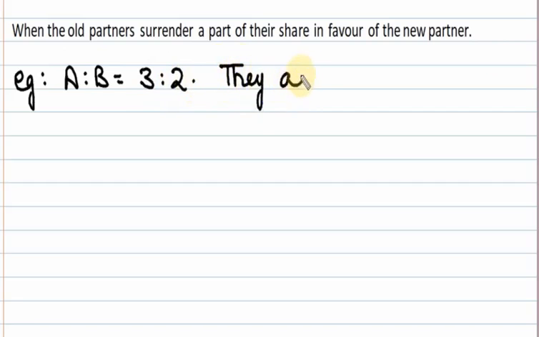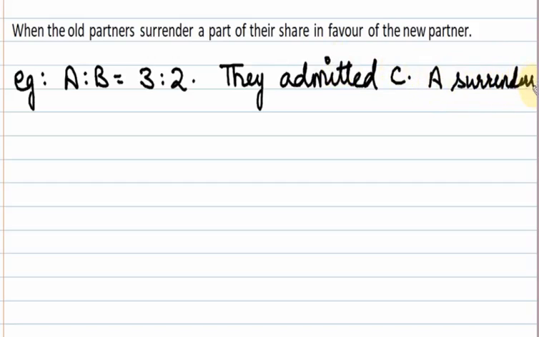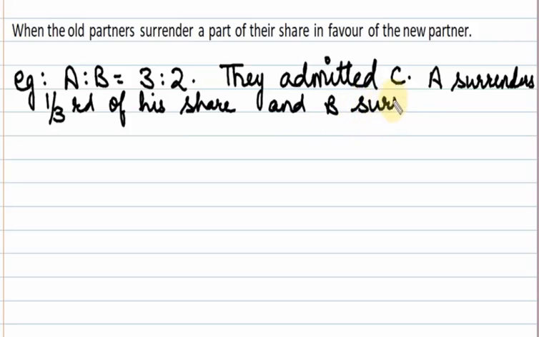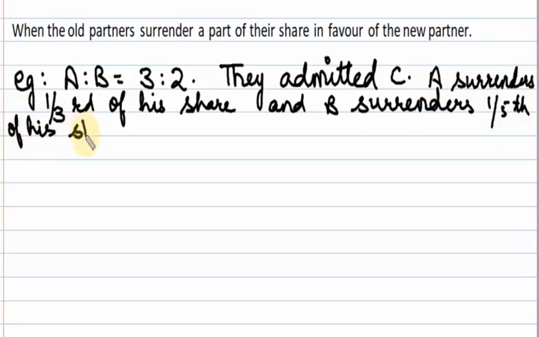They admitted a new partner, say C. And we say that A surrenders 1/3 of his share and B surrenders 1/5 of his share in favor of C.